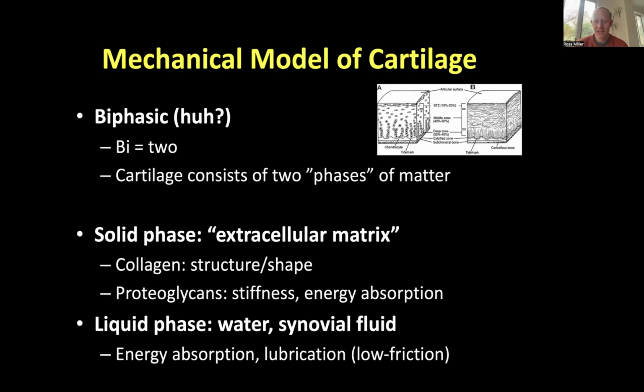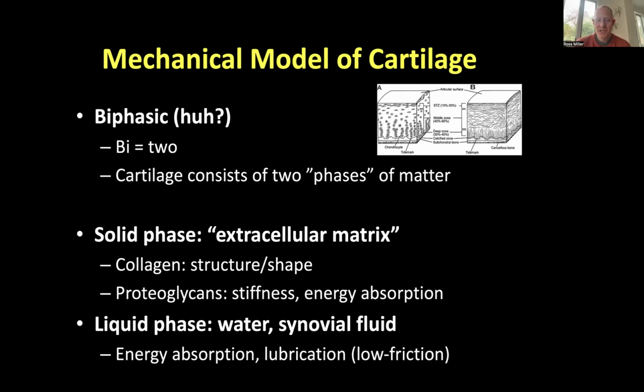That solid phase, you'll often see called the extracellular matrix, and that's composed primarily of two different materials, collagen and proteoglycans. Collagen gives the whole chunk of cartilage its overall structure and shape. The proteoglycans then bind to that collagen and give it its broader material properties, like its stiffness and its damping and its ability to absorb impacts and the energy from impacts.